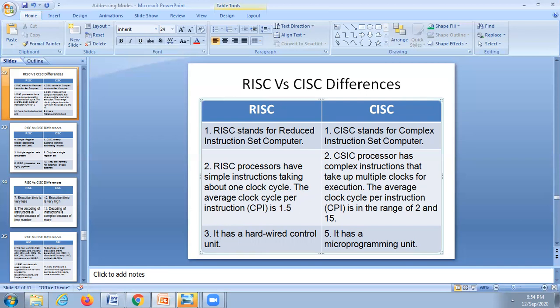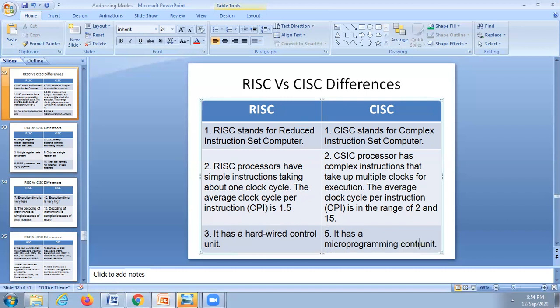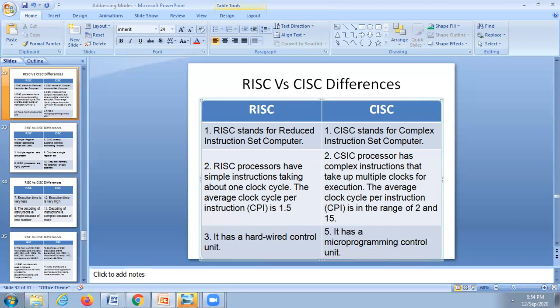Another difference is in the case of the programming control unit. The advantage is you can change it easily, but in the case of hardware, we cannot change it easily. That is what you call flexibility. The flexibility is more in the microprogramming control unit, which is used in CISC processors.